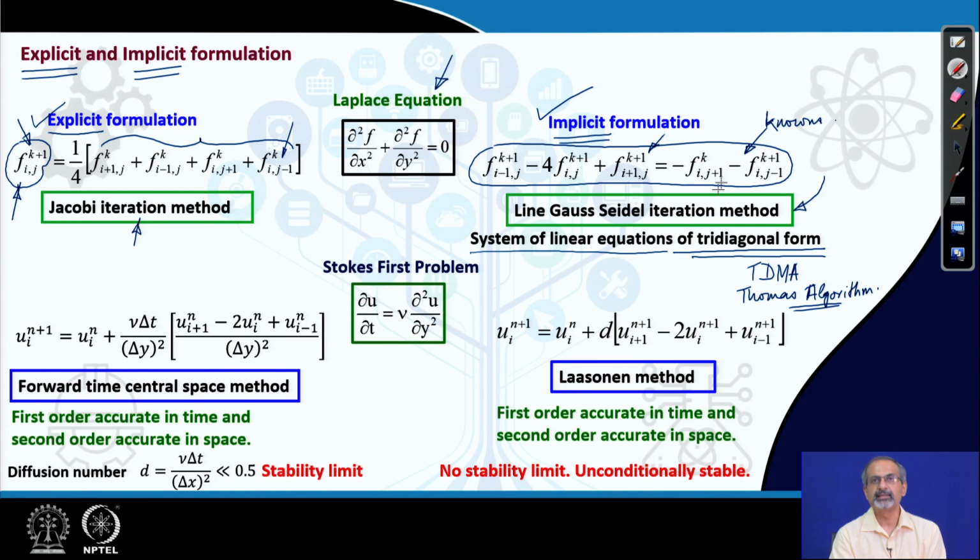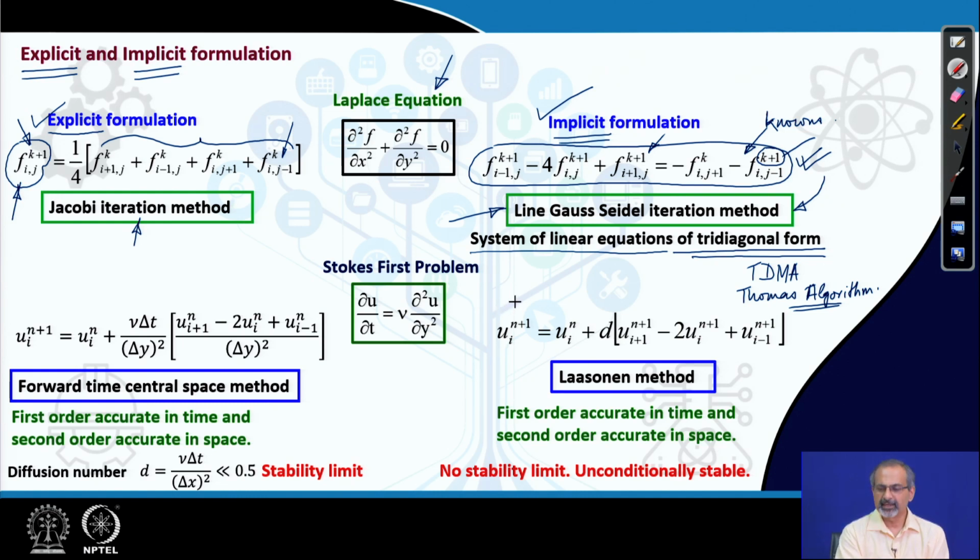And this forms basically a system of equations, though we have written it as only one equation, but once you write down the values of i j numerically in a particular grid, you will understand that this forms a system. And the knowns also contain one of the terms as k plus 1 level term, because this comes from a line of values which have already been calculated. Now, this kind of iteration scheme will be called as a line Gauss Seidel iteration method.